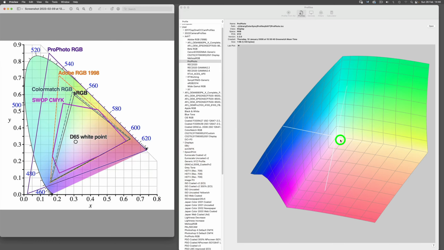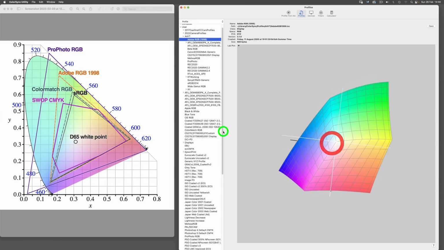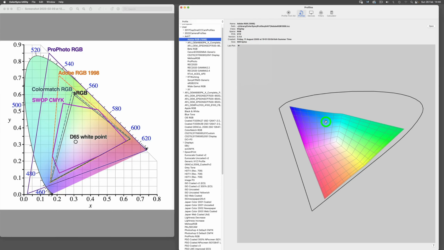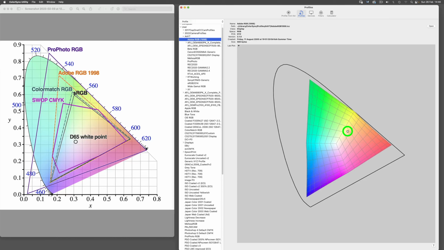So if I was to swap out to the Adobe RGB color space because it takes up less real estate, you can't really compare this 3D gamut view with this diagram here. But if I swap out from a Lab plot to a YXY plot, now you can see there is the same spectrum locus of human vision as we've got here behind these triangles.